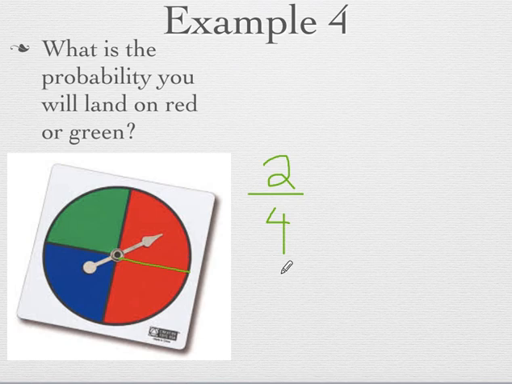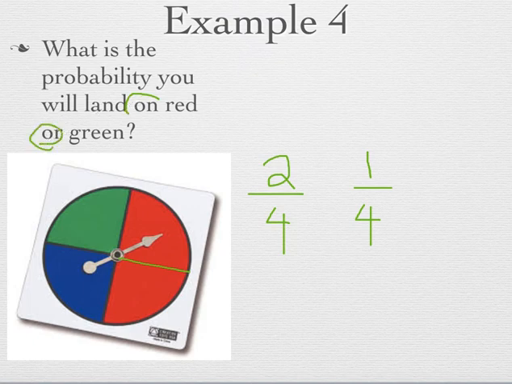2 chances of getting a red out of 4. Or green. The green has only 1 out of 4. Now, what is the operation that we're going to use? Are we going to add or multiply them? What is your keyword? Your keyword is the word or.